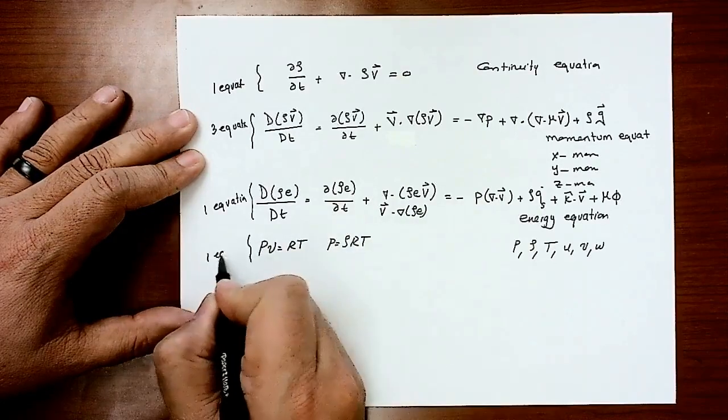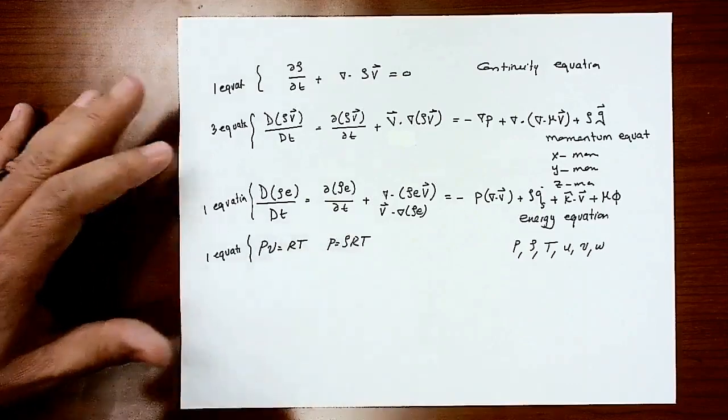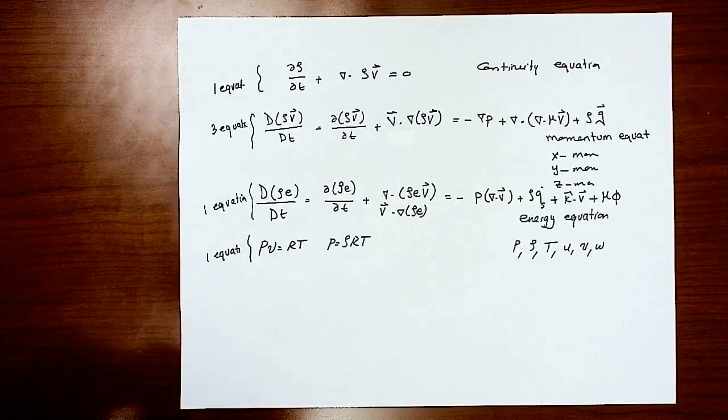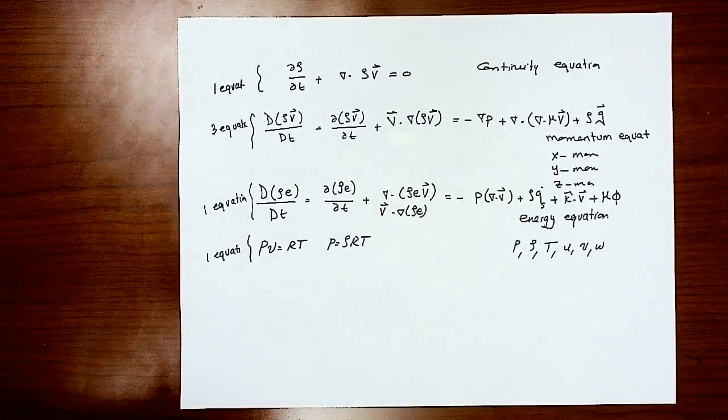So that's 1 equation. Now we end up having all the equations needed to solve any problem and really get the thermophysical properties and the velocity components, pressure, U, V, W, of that flow.